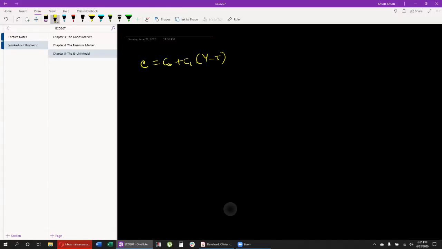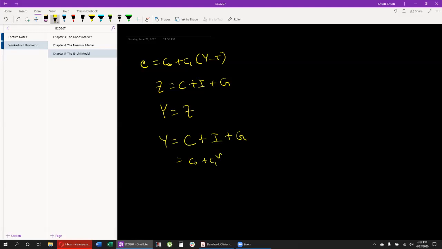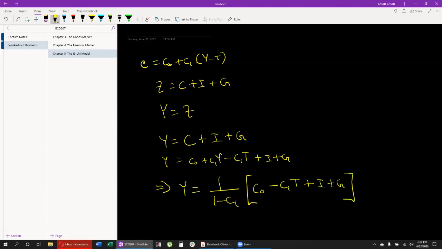Of course, what we know is that Z equals C plus I plus G, and the equilibrium condition requires Y equals Z. So what we can write as a result is that Y is equal to C plus I plus G. And C we can break down into C naught plus C1 Y minus C1 T, plus I plus G. As a result, what we get is Y equals 1 over (1 minus C1) times (C naught minus C1 T plus I plus G).